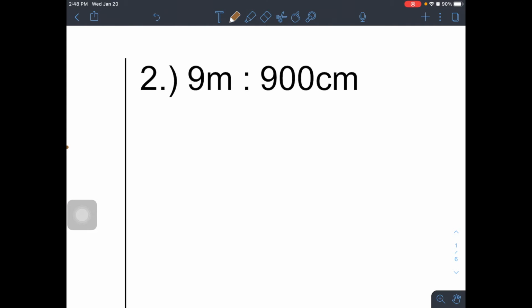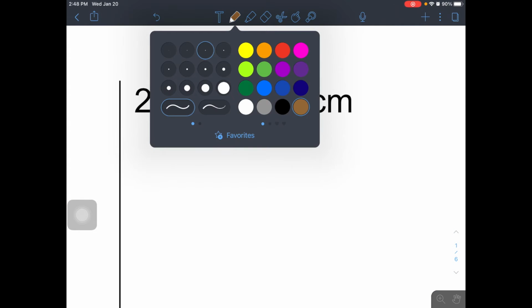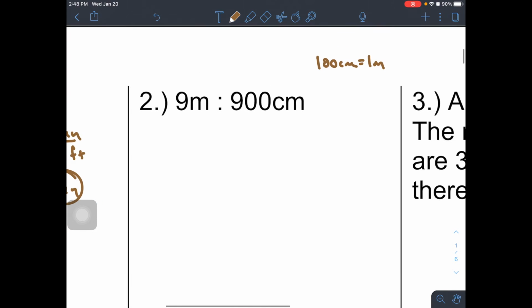Over on the next one, same deal. If we can get it in the same units, that'd be fantastic. So we know that 100 centimeters equals 1 meter. So I need to convert this 9 meters into centimeters. 900 centimeters.